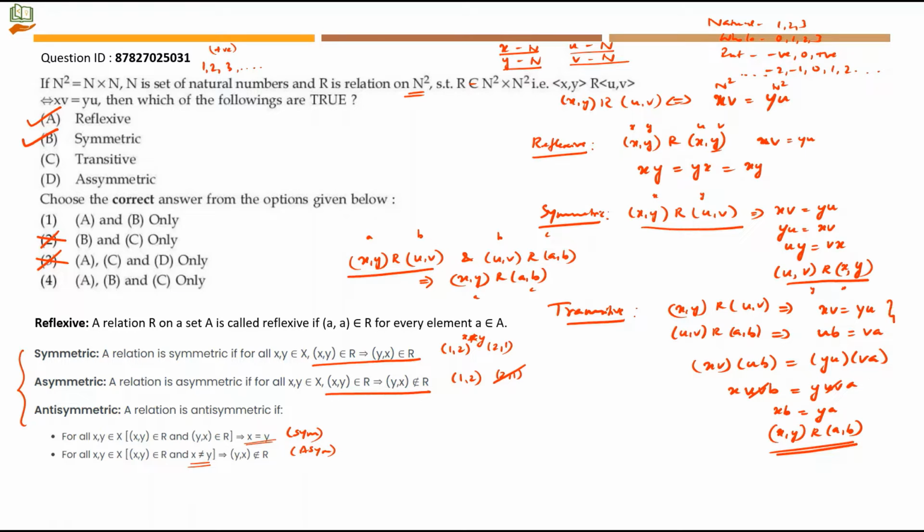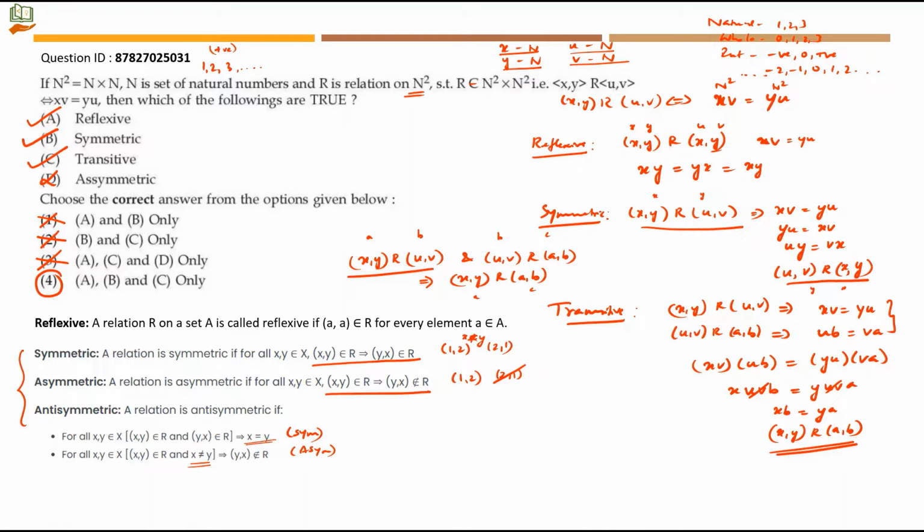When you equated these two, right hand side and left hand side, you get this. So the transitivity property is also true. So from this we can say the asymmetric property is not there. We can rule out even option 1 here. So we'll go with option 4. A, B and C only will be the right answer.